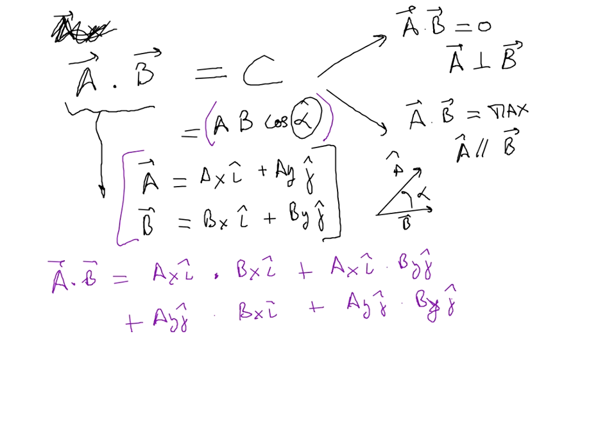Okay, so the distributivity property can be applied to both scalars and vectors. Now, for each term, I see two scalars and two vectors. So let's gather all the scalars together. AX times BX, this is still multiplication operator, but then I have to do i dot i. Next one, AX BY, multiply them together.